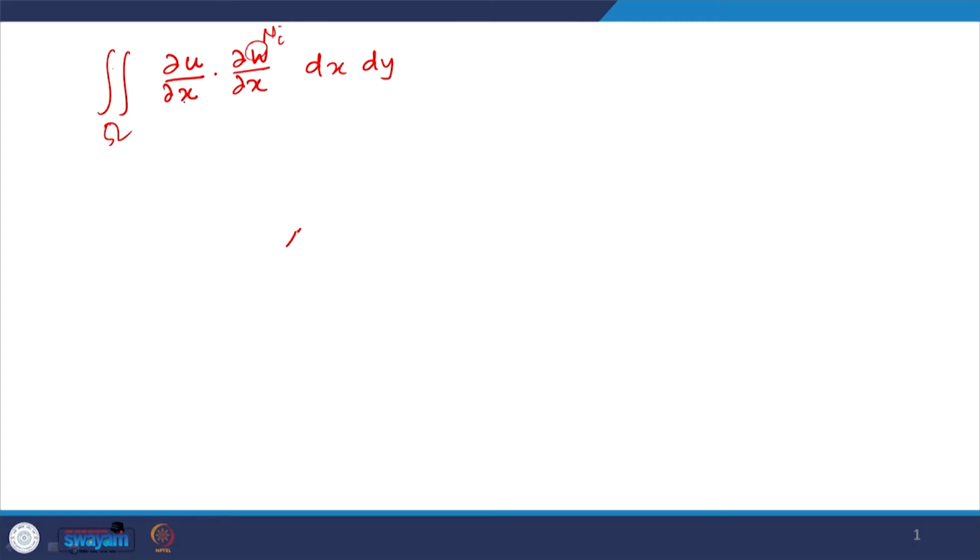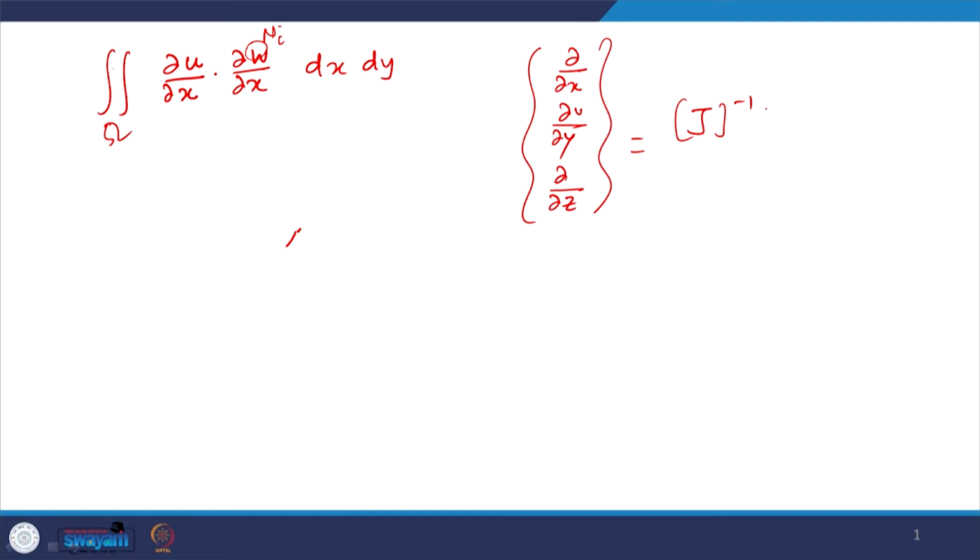Now, this derivative del u by del x can be transformed. So, what is del over del x, del over del y, del over del z? It is given as J inverse times del over del xi, del over del eta, del over del zeta.